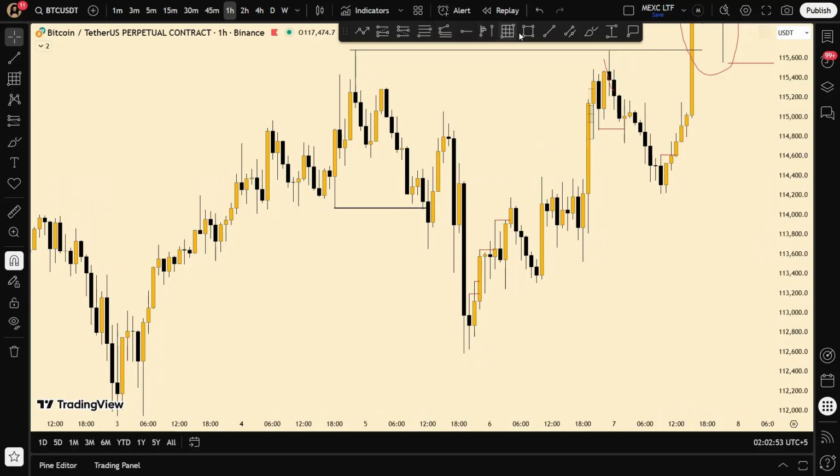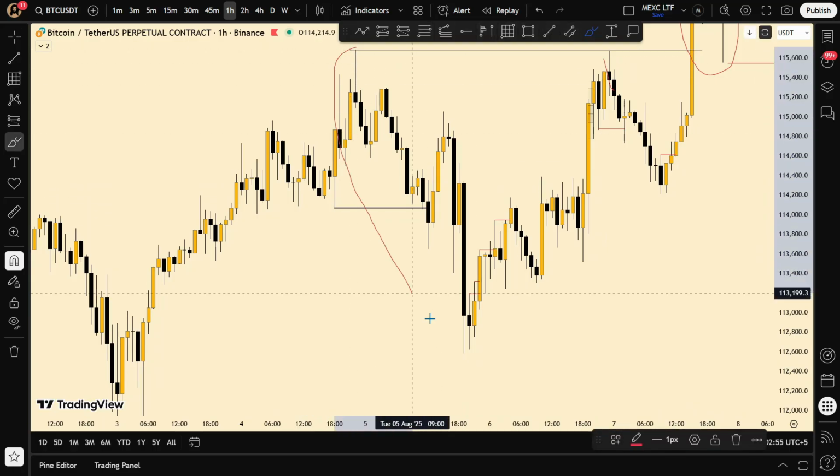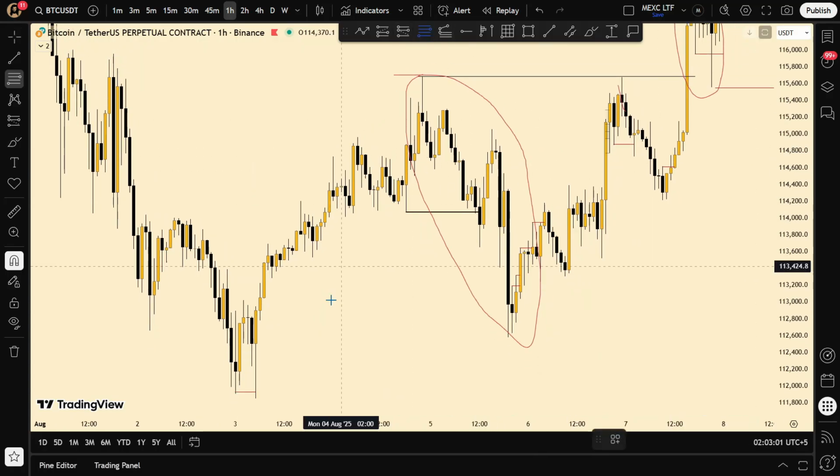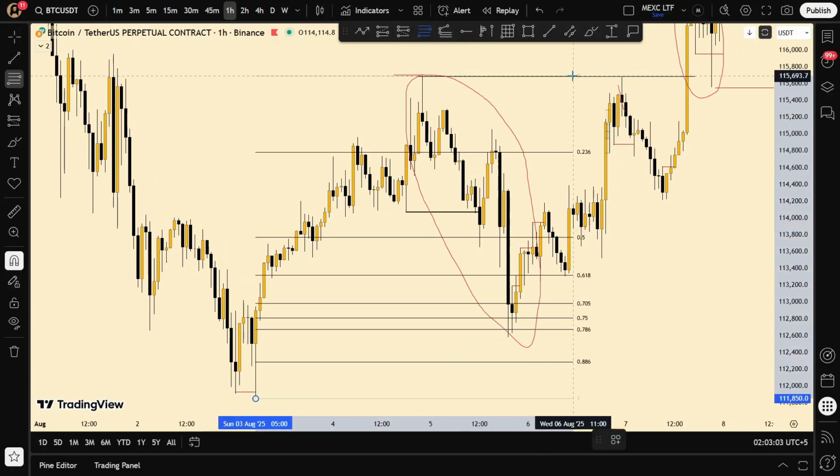And this whole sequence of price action is just a retracement of this leg's complete bullish cycle.